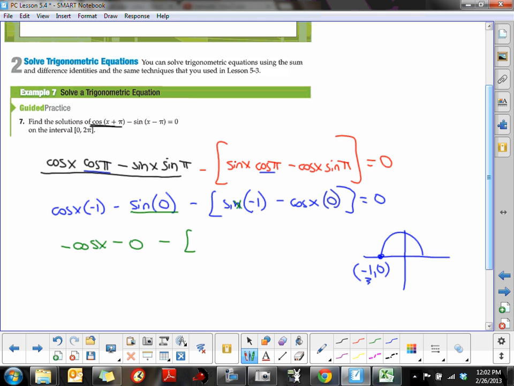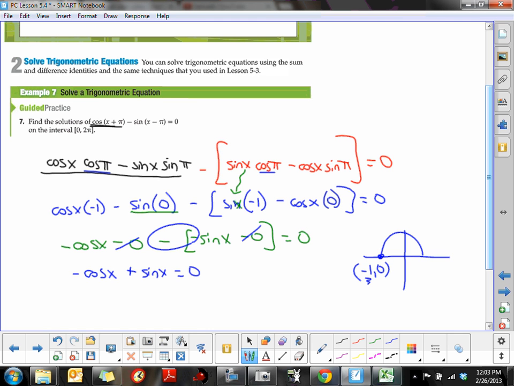I had to have left out the x, so sine of x, negative, then minus 0, equals 0. So this is the one that I left out, the sine of x, without having to rewrite and redo. So this is a negative cosine of x. The minus 0 we can eliminate, the minus 0 we can eliminate, and a minus a negative is equal to a positive. So plus sine of x equals 0.